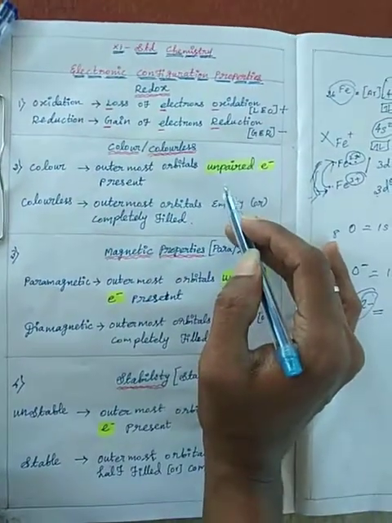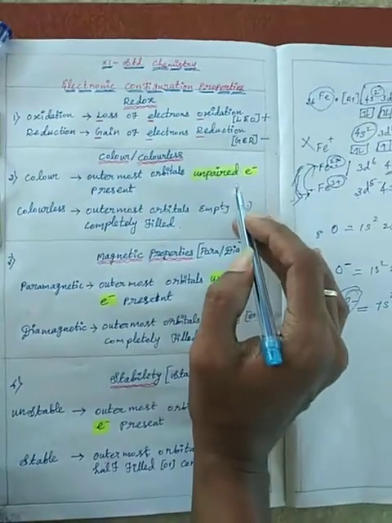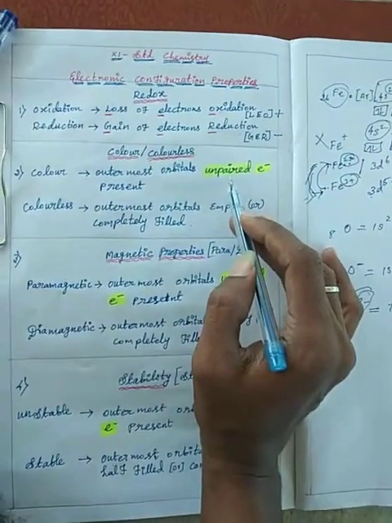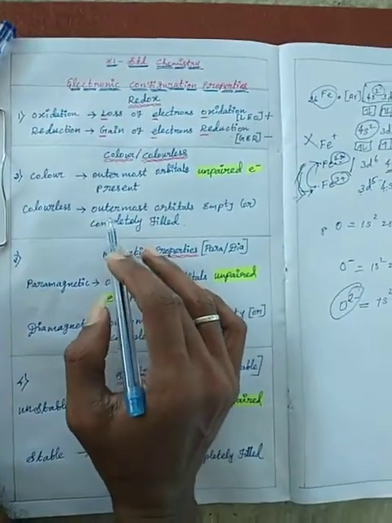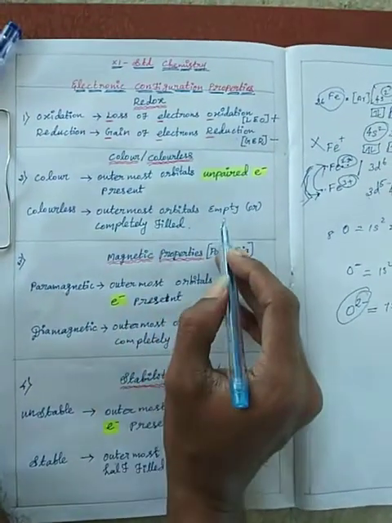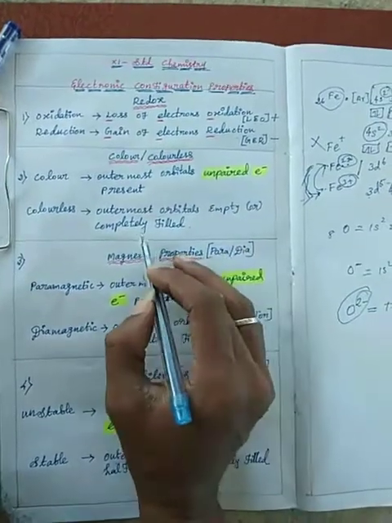So if the outermost subshell has unpaired electrons, it is colored. What is meant by colorless? The outermost orbitals are empty or completely filled.